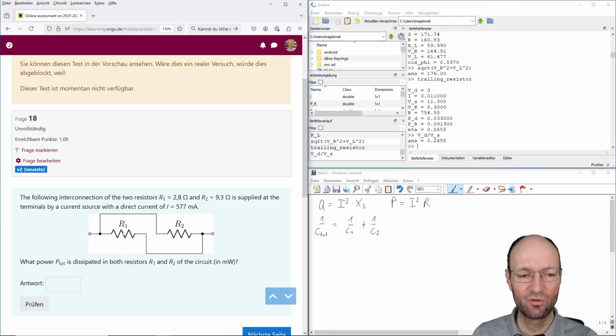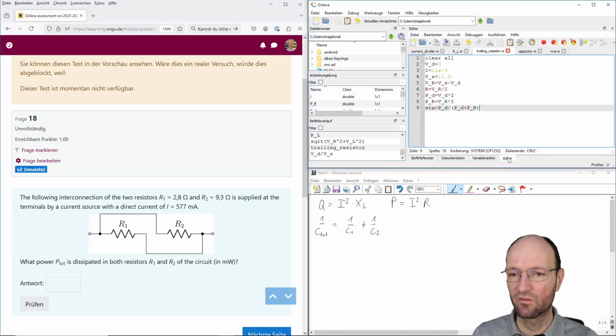We have once again the circuit with the two resistors that once again somehow look like a series connection, but as you can see, it's a parallel connection. And the question is, what is the total power that is dissipated in both of these resistors?